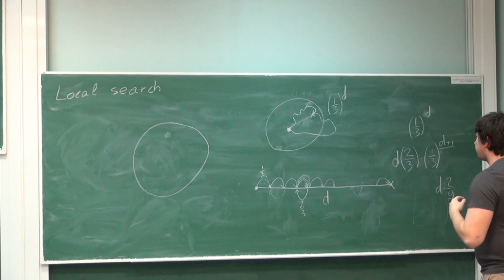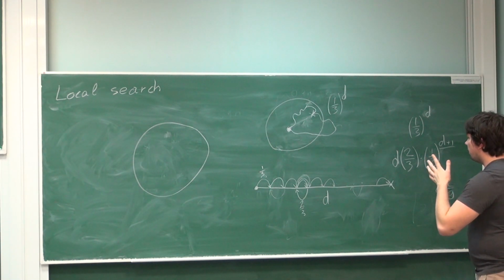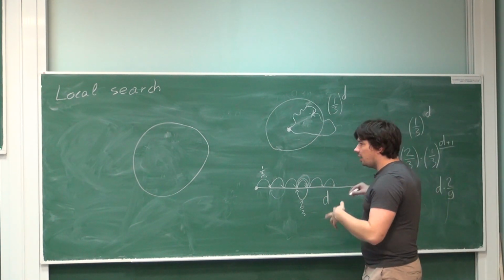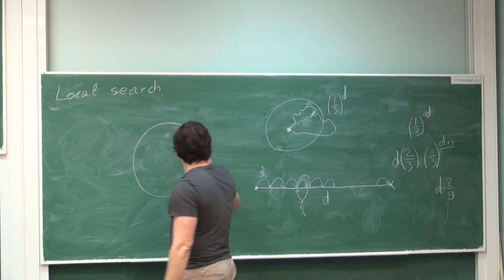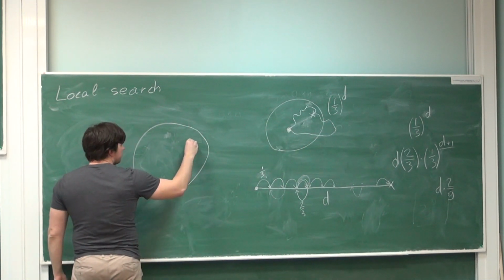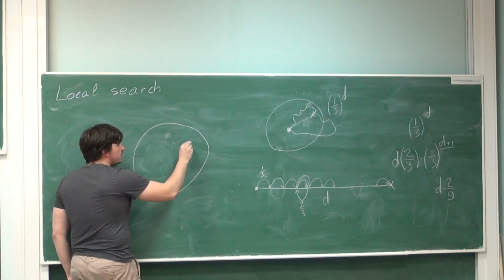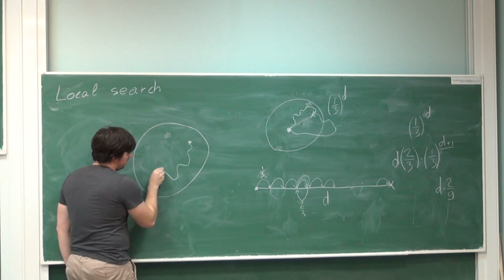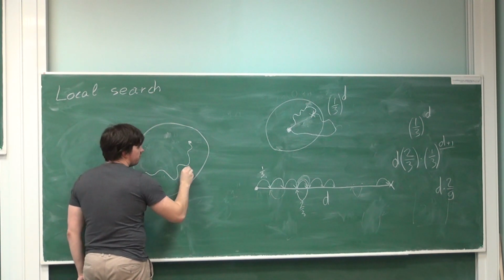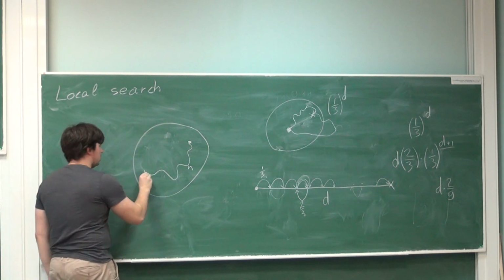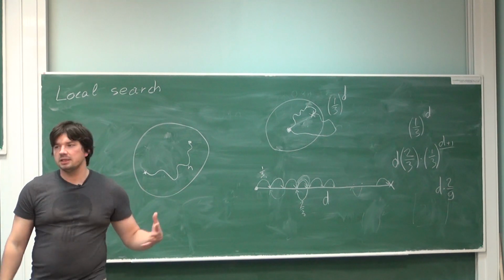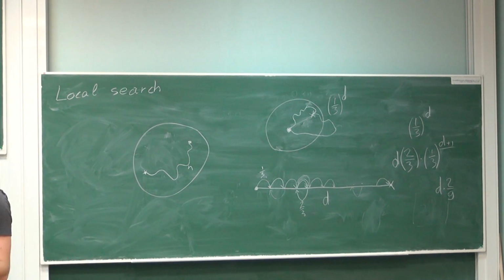So what the algorithm does is it starts at a random point and does this walk of length n and hopefully finds the correct solution.